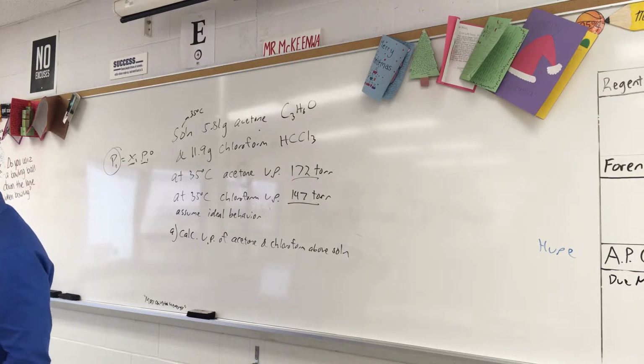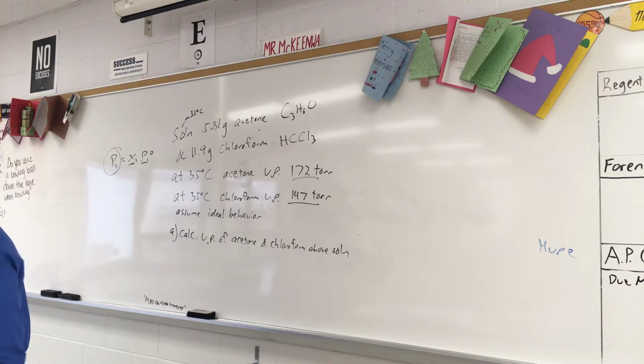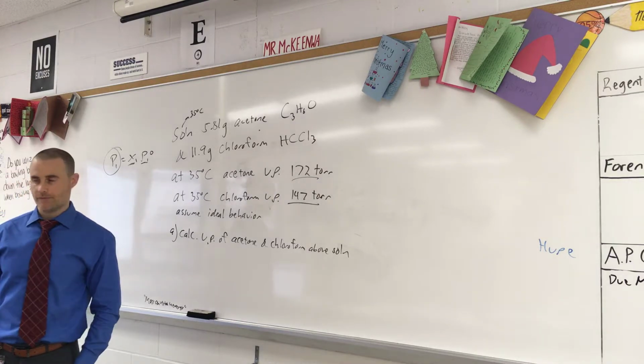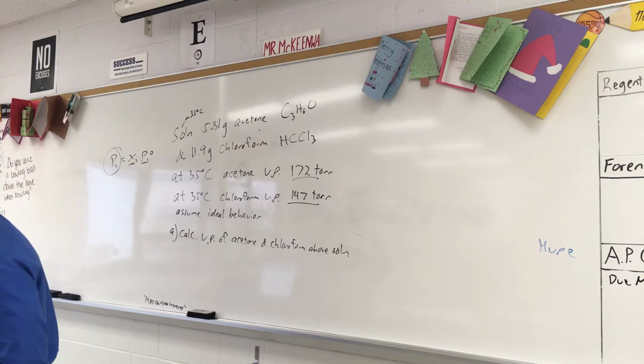All right, we done? How many moles of acetone do we have? 0.1. How many moles of chloroform? I don't know. Didn't get there yet. What's the molar mass of acetone? 58 grams.